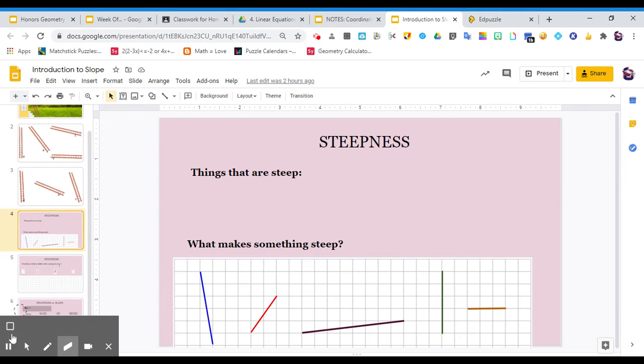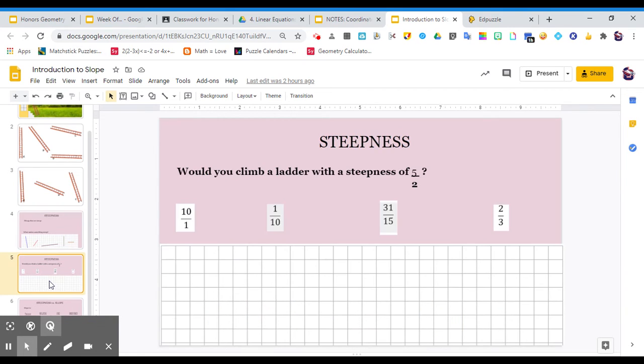All right, let's look at the next slide. The question is, would you climb a ladder with a steepness of 5 over 2? Well, let's think about what that means. It means it goes up 5 and over 2. Let's look at that.